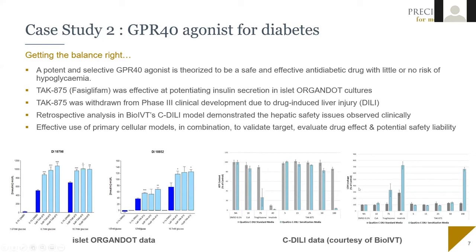And when we get up to 100 micromolar, in the C-DILI model, we are actually seeing quite significant toxicity happening with the compound. So really what I wanted to do was give you an example of where using, in this case, two primary cellular models in combination allows you to both validate the target and look at your drug effect, but also, in the same breath almost, understand the potential for any safety liability.